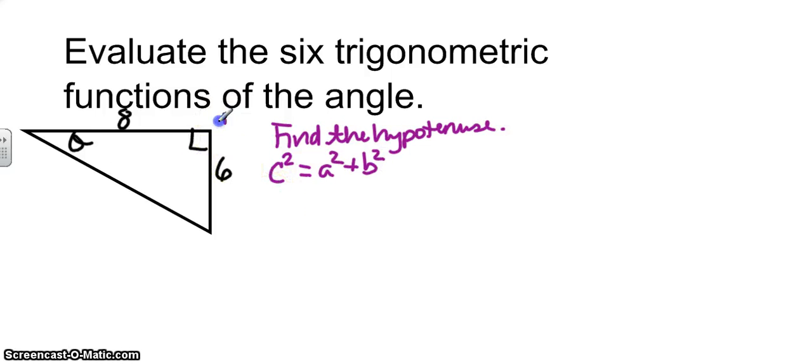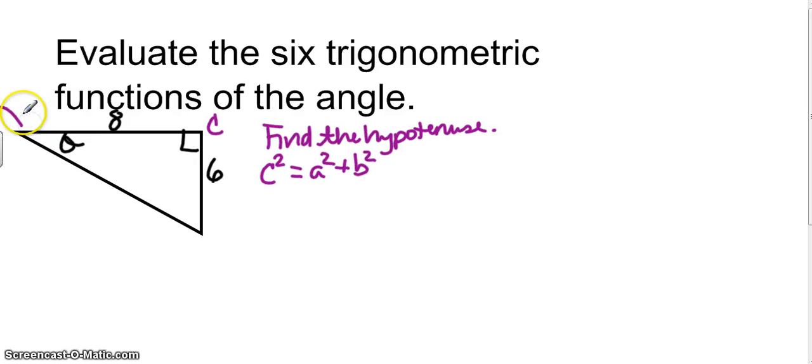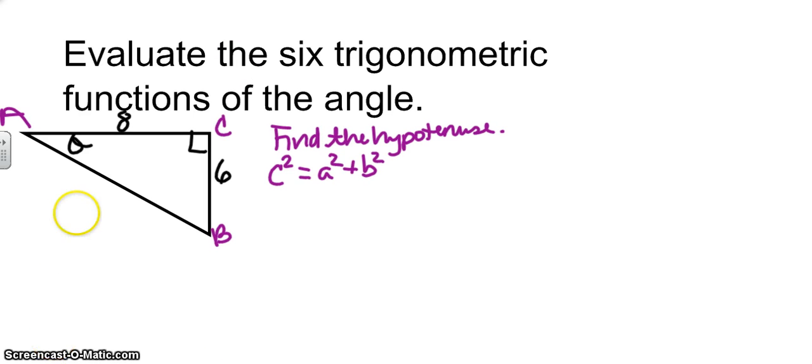So if I label this triangle ABC, then this side would be C, and I can use this formula.